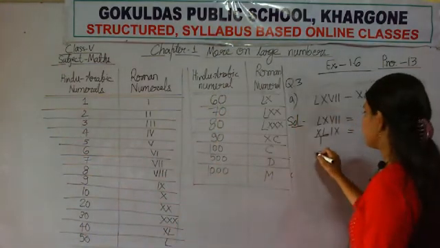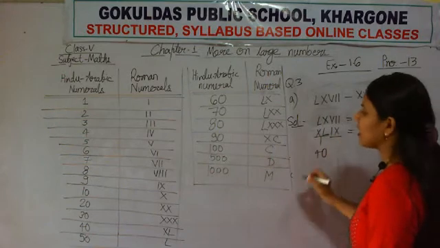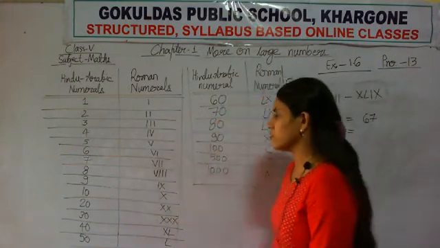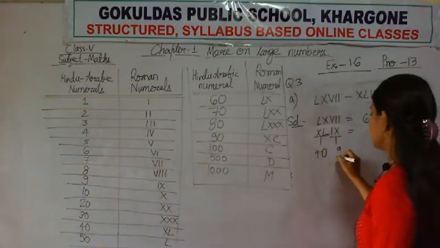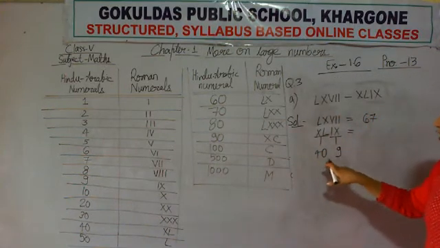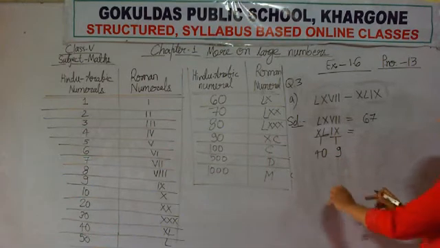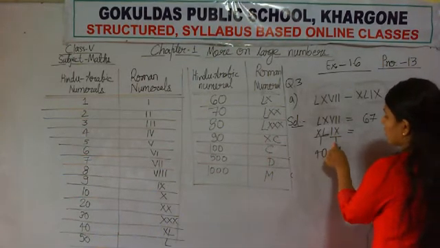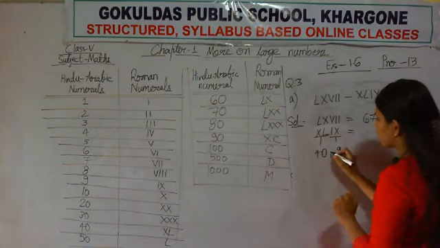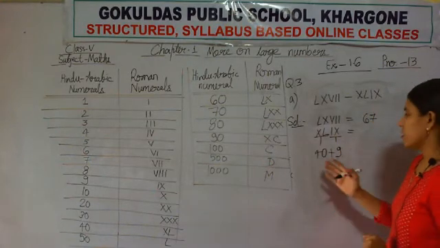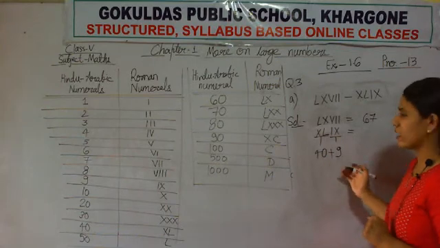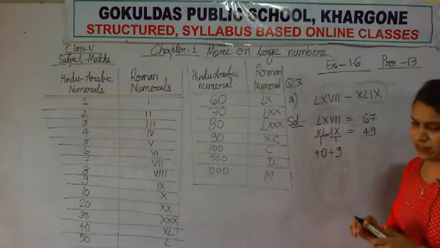So XL means 40, and IX represents 9. IX means 9. Now 9 is smaller than 40, and when a smaller number is written to the right of the larger number, it shows addition. So I am putting a plus symbol here. Now add 40 plus 9, 49.